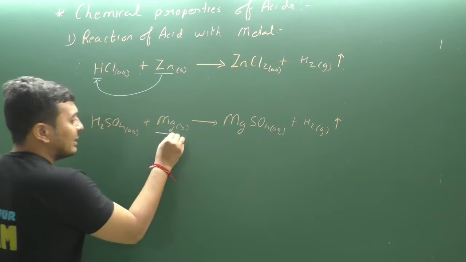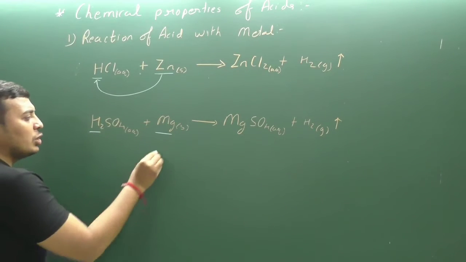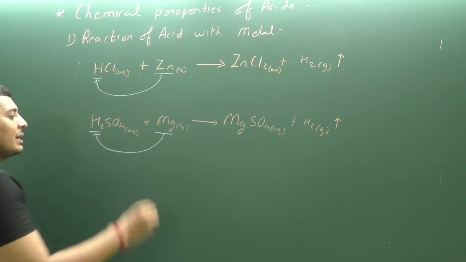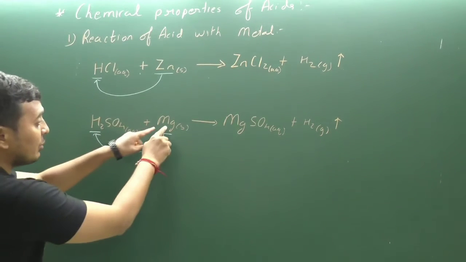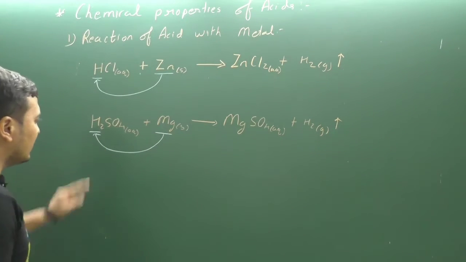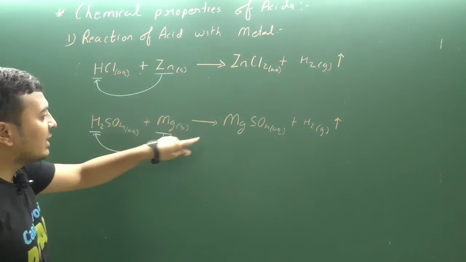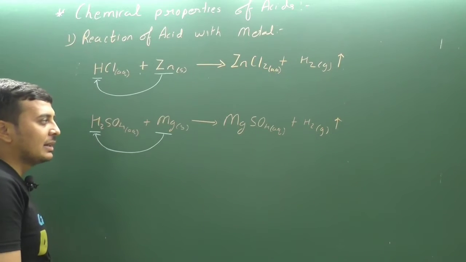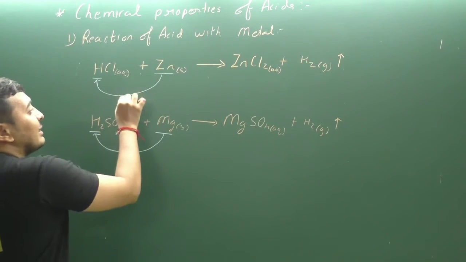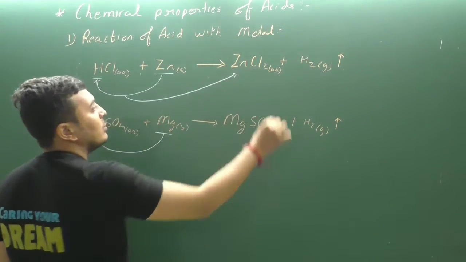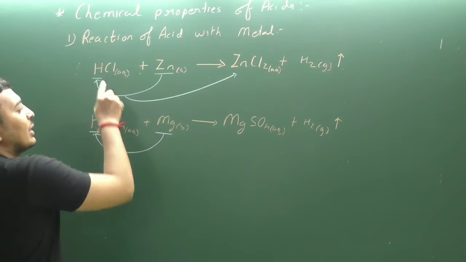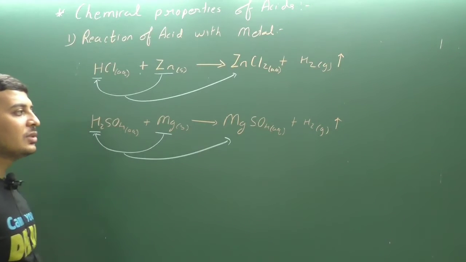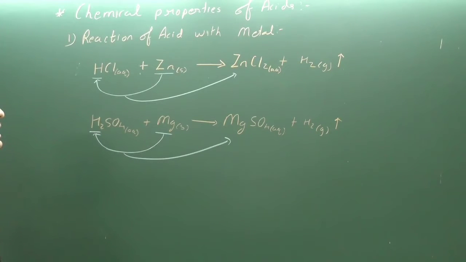Most metals are more reactive than hydrogen, so magnesium will take the place of hydrogen. So SO4 will react with Mg and form MgSO4, and hydrogen will be alone. Clear? So when a metal displaces hydrogen, the compound formed is metal chloride here, metal sulfate there. These are the simple compounds formed when acid reacts with metal.